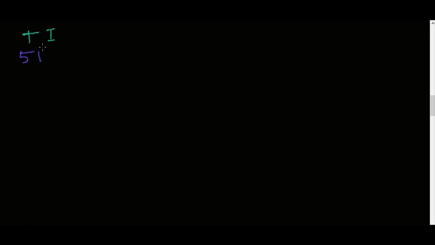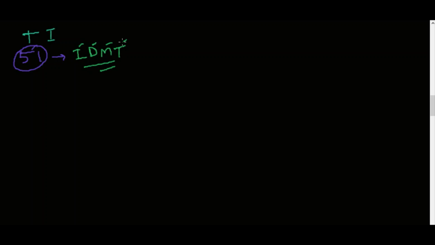The ANSI device number is 51. What is 51? 51 is IDMT. So what is IDMT? This is inverse definite minimum time.